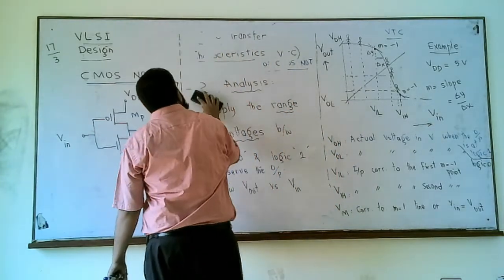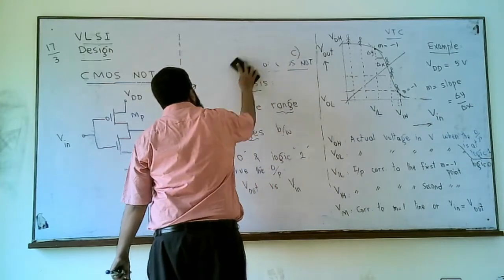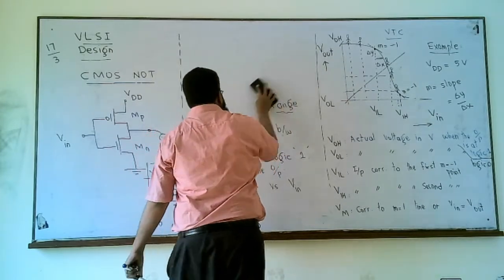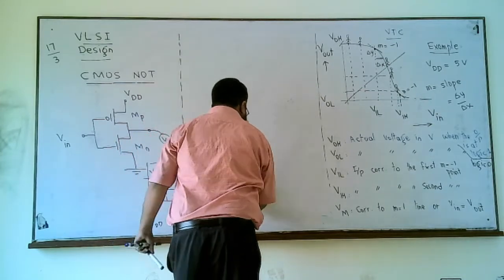The last two quantities that we derive from this VTC are the noise margins, noise margin low and noise margin high.